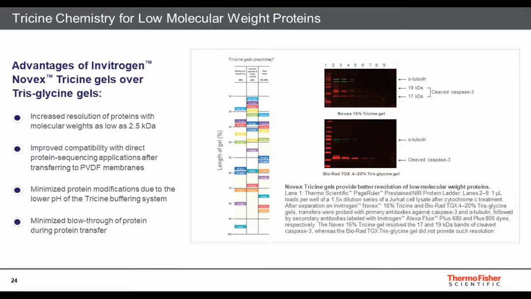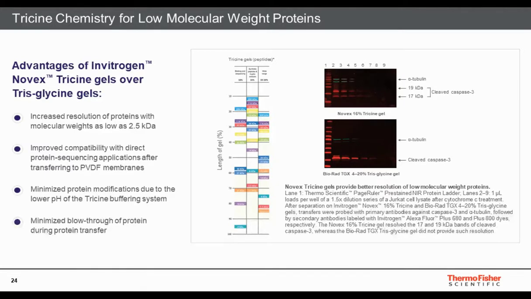As seen in the image on the right, the Novex Tricine gel on the top provides a very distinctive separation of the cleaved caspase 3 subunit compared to the Bio-Rad TGX gel at the bottom.